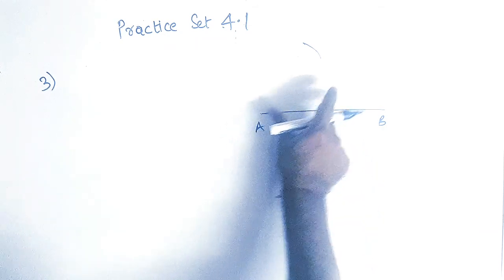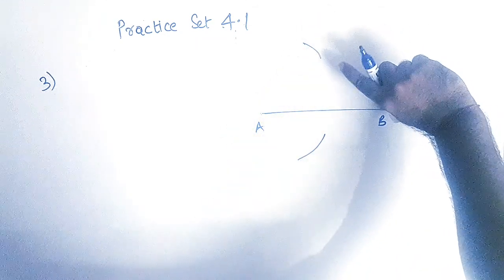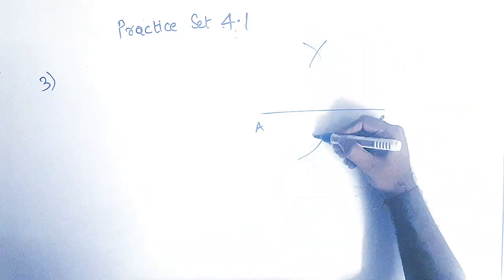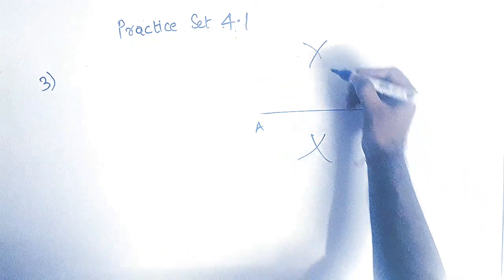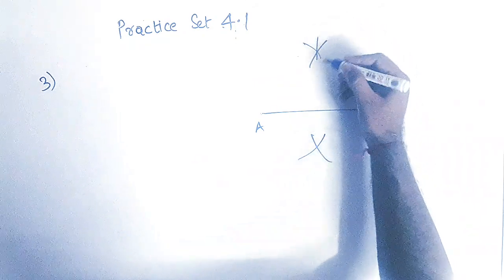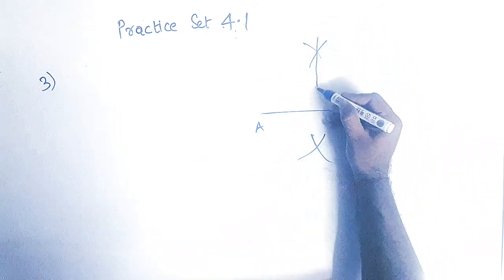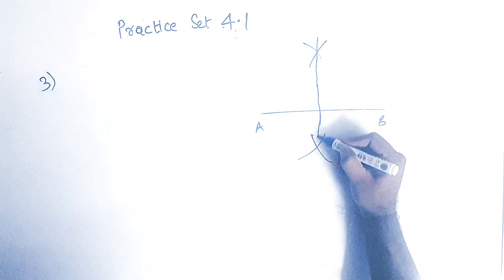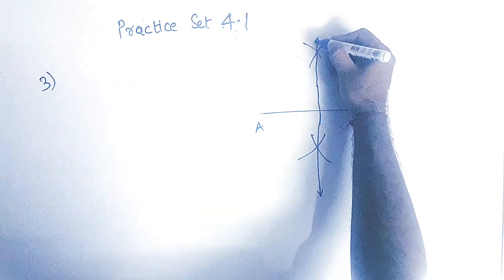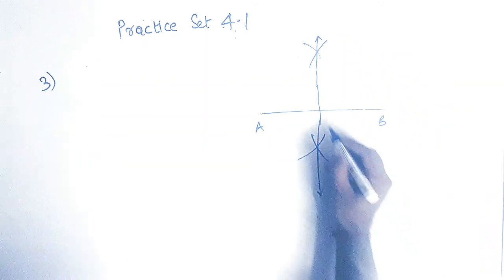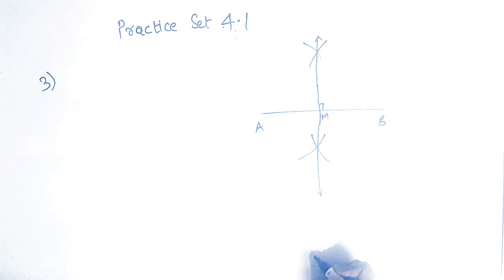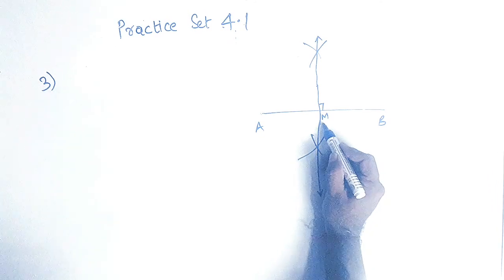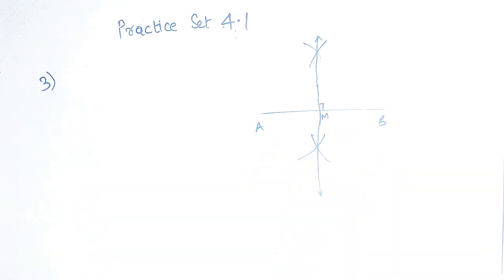Now take your compass on point B and draw two arcs with the same radius. Don't change your compass. Then join these. This will be your perpendicular bisector. As you join, this point M becomes your midpoint of segment AB.